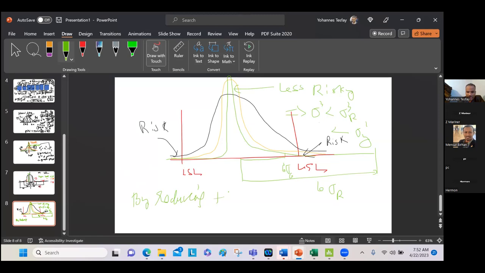So by reducing the process variance, I can mitigate the risk.